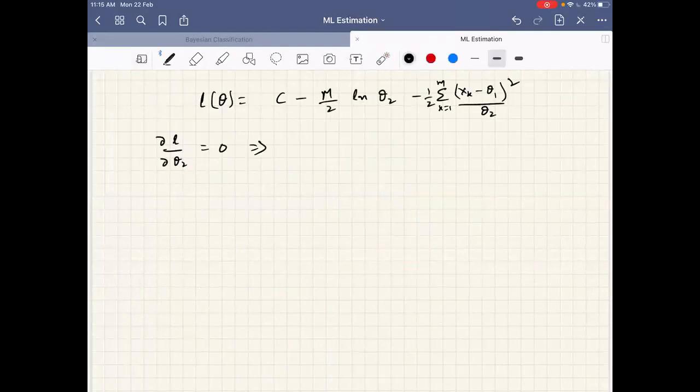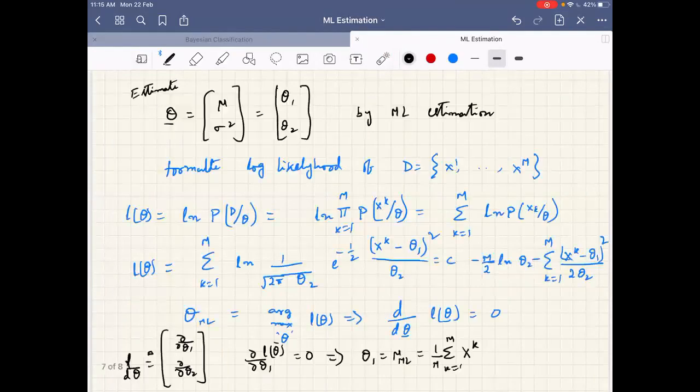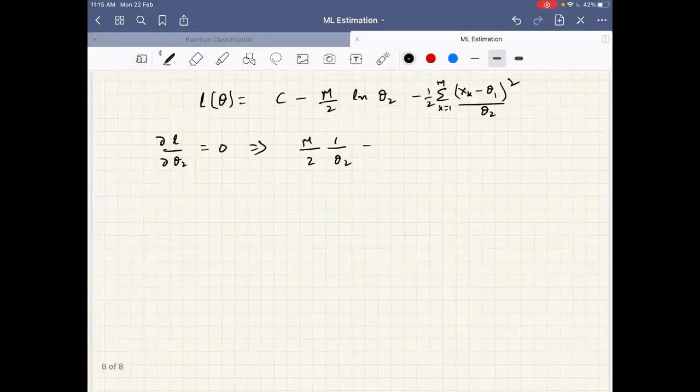Now somebody can help me in doing this. The x_k minus theta 1 square term remains the same, that is constant, and we only differentiate theta 2 in the denominator.